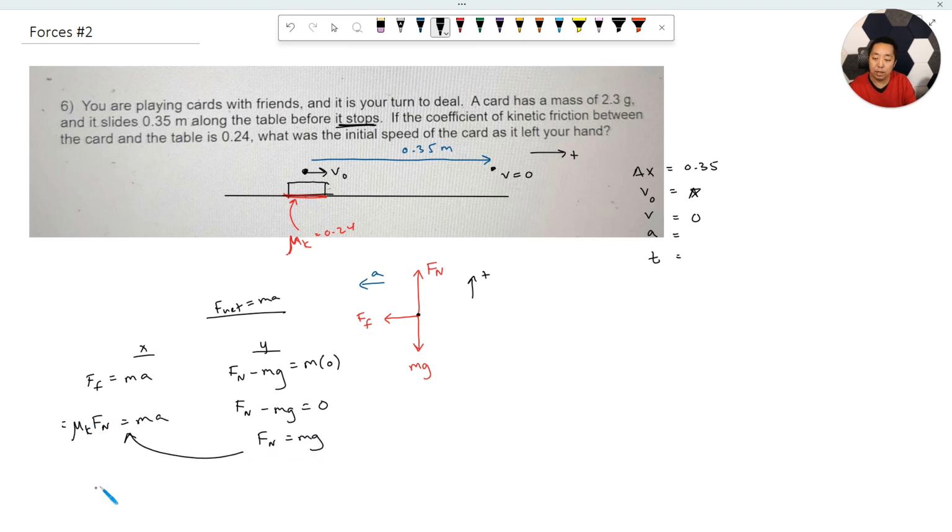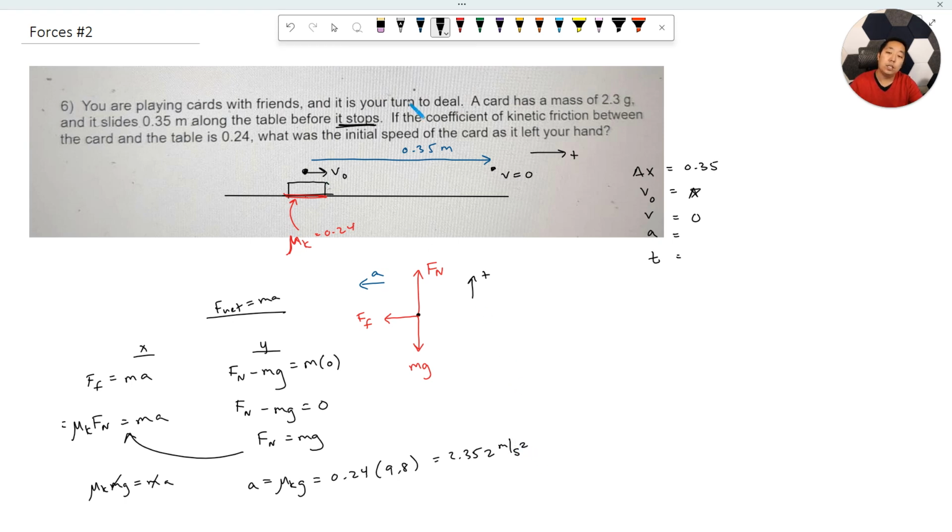So mu k times mg equals ma. Dividing both sides by m, the acceleration equals mu k times g, which is 0.24 times 9.8, and that equals 2.352 meters per second squared.